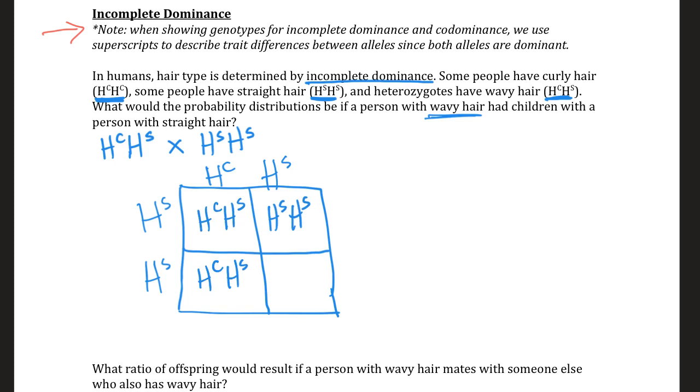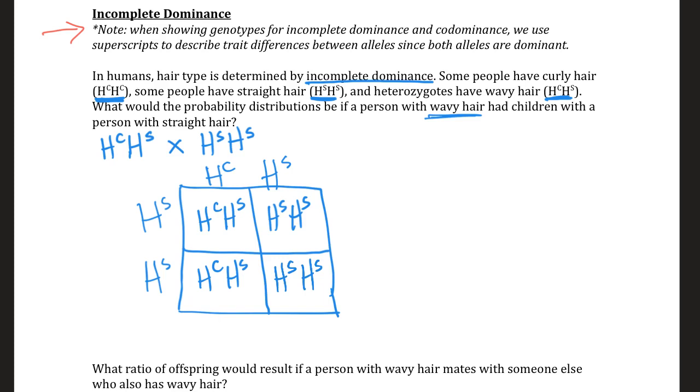Otherwise, if we put this last one I just did as HSHC, that one and the first one might look different, which they're not. So we're going to make them both HCHS. And this last one here, HSHS.